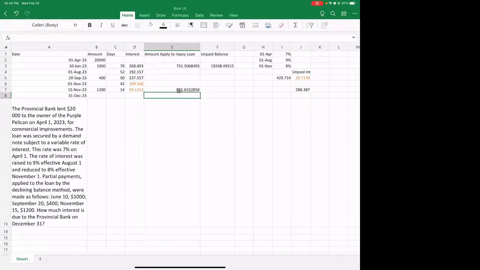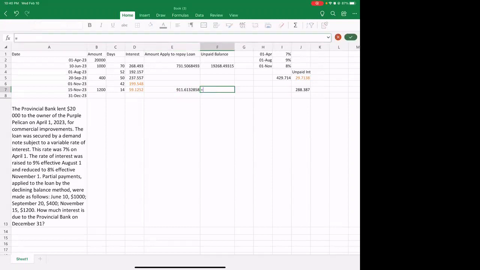So you get 911. And then the unpaid balance is just the difference between this and this one. Okay, this is the unpaid balance.